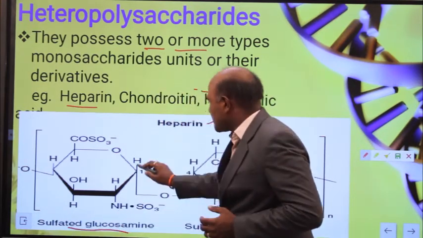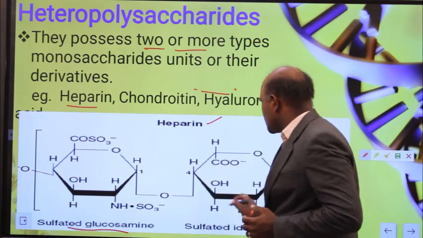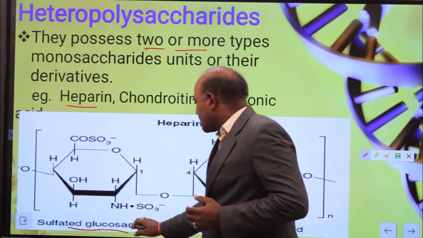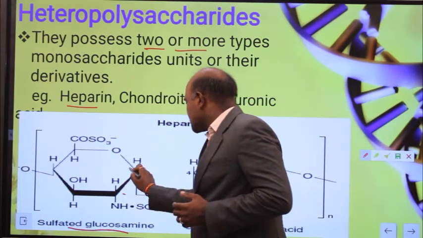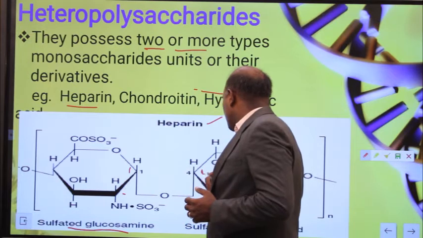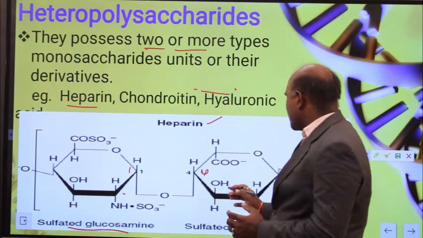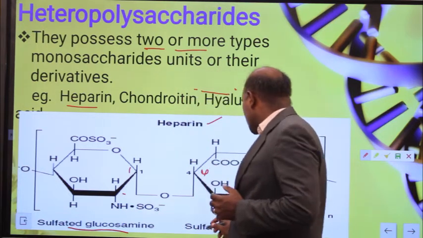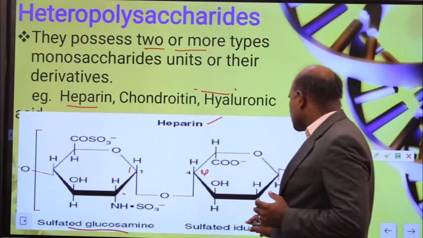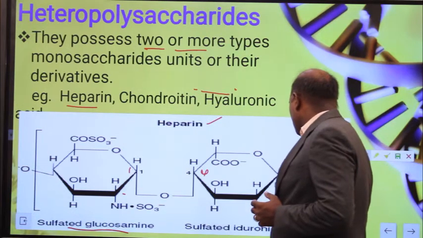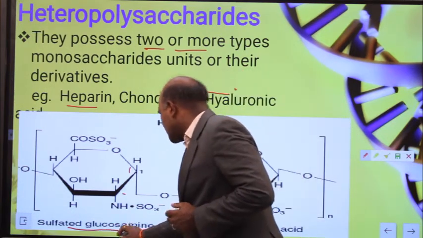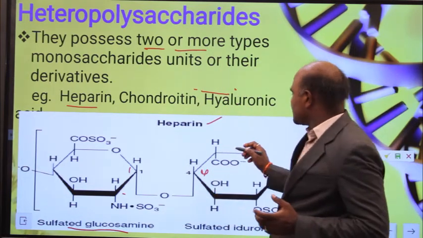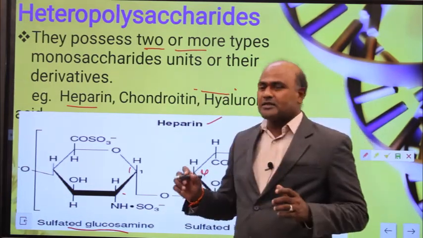These are the sugar molecules, and this looks like a glucose structure with an amine group attached. This is carbon 1 and this is carbon 4, and they are attached together. Here you can see the sulfate group, and this one is sulfated glucosamine. This is the heparin structure.